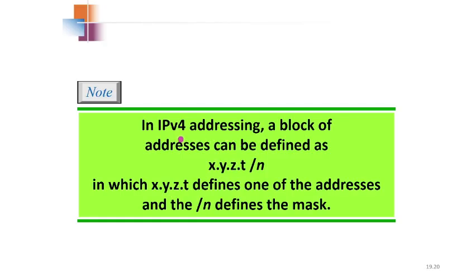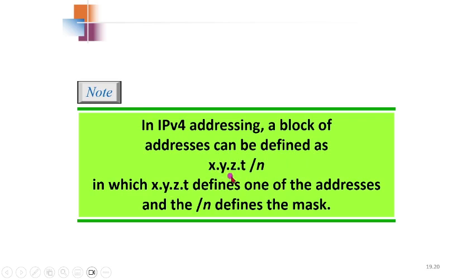Here is one point to note. In IPv4 addressing, a block of addresses can be defined as x.y.z.t/n, where x.y.z.t defines one of the addresses. Out of the complete host addresses, if a network is there, different hosts will be in it, so one host address will be given.